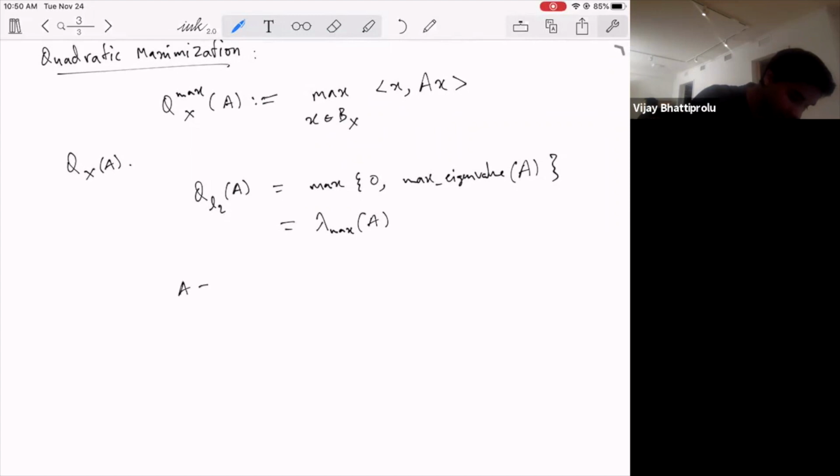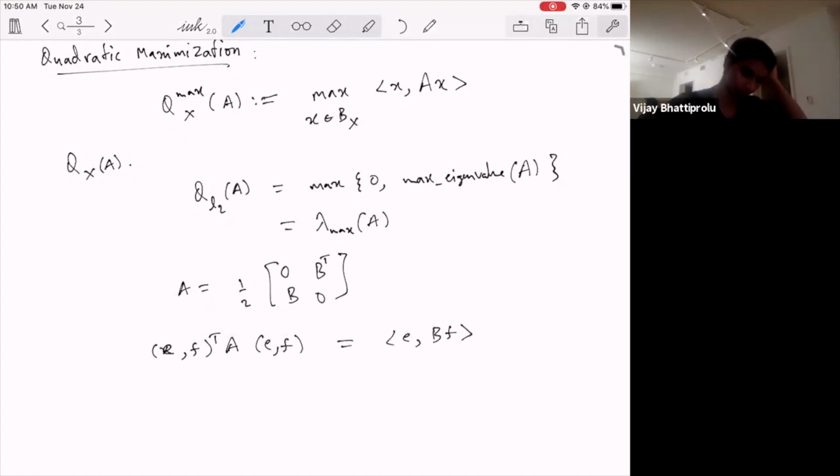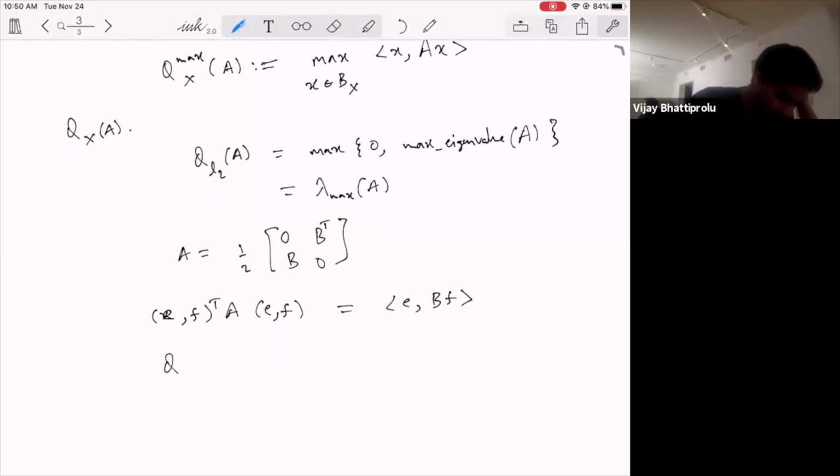If I take the matrix A to be half times the block matrix with 0, 0, B, B transpose, then it's easy to check that whenever I plug in a 2n dimensional vector, let's say (E, F) transpose A (E, F), I get back E inner product B F. And so using this fact, you can see that the quadratic maximum of A, with the norm corresponding to the Cartesian product of those sets, is equal to the bilinear maximum E comma F of B.